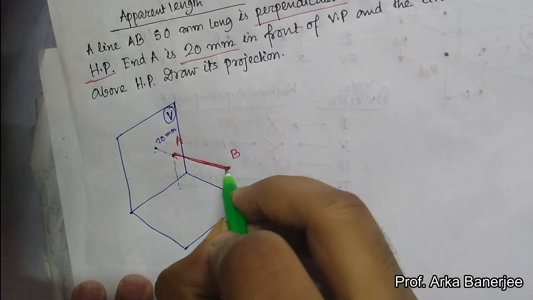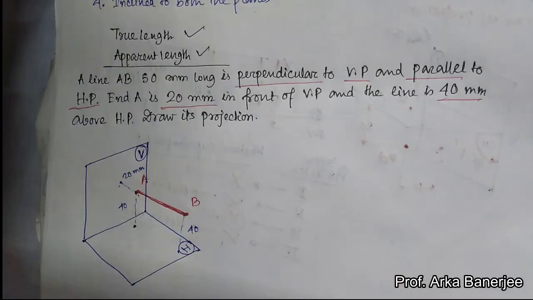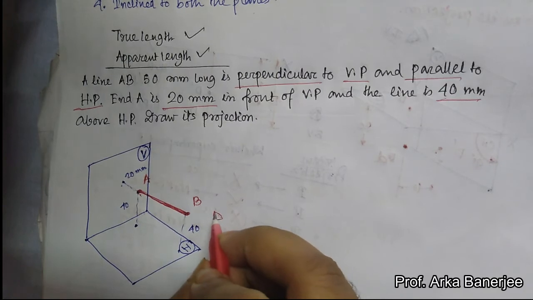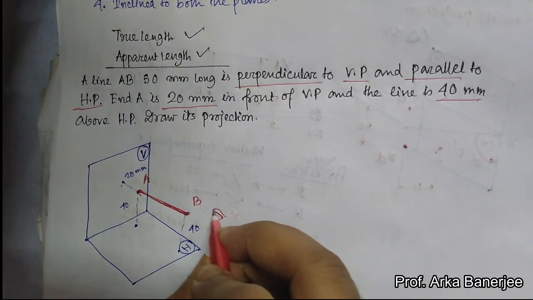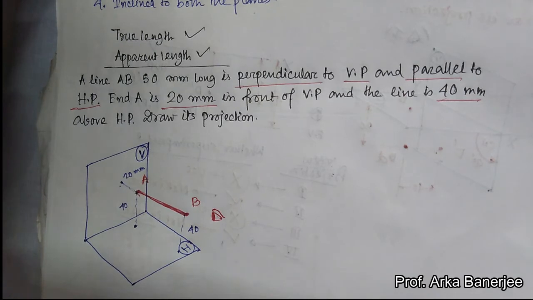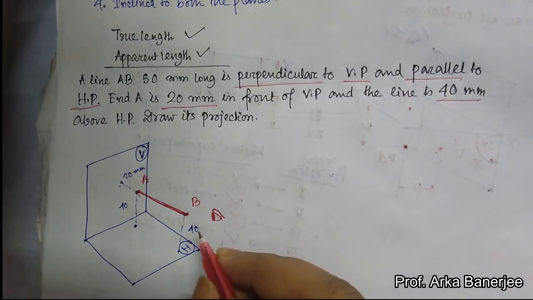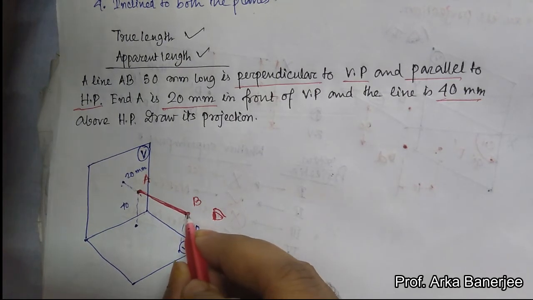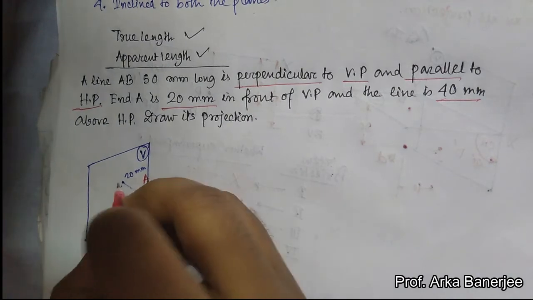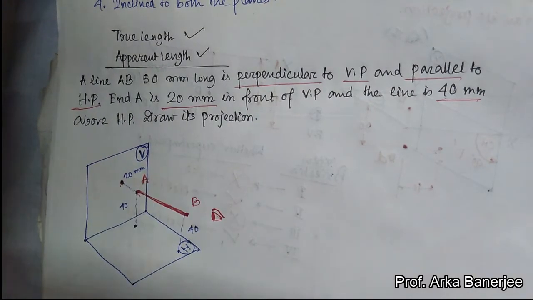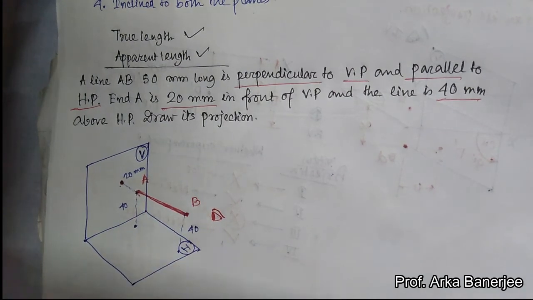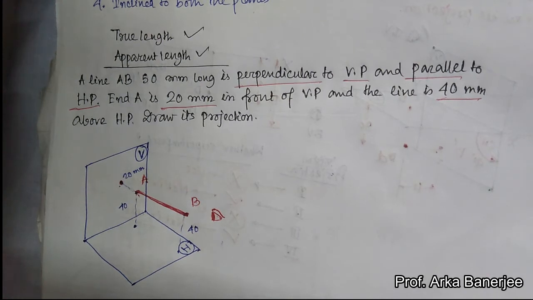So for both the points A and B, we now need to draw the projections. The observer will be here for the front view. He or she will see from the front only a single point. So here on this plane you will observe only a single point, basically A and B will be merged with one another.